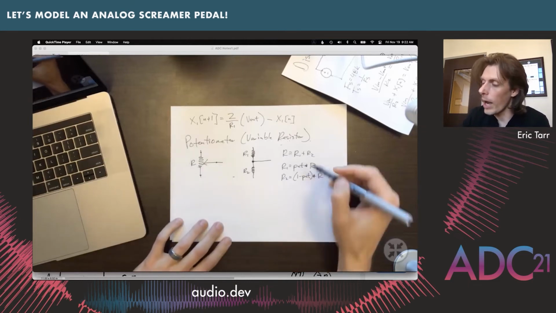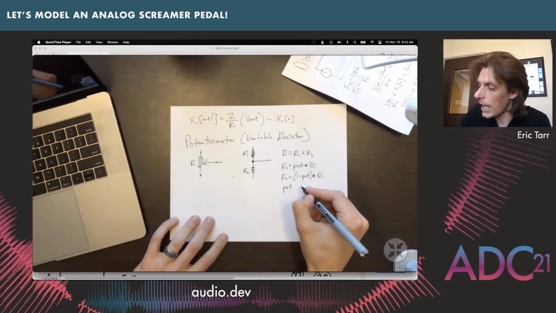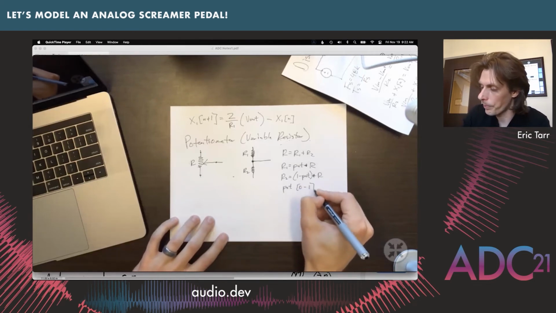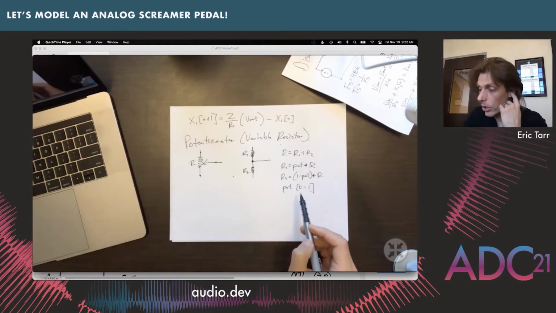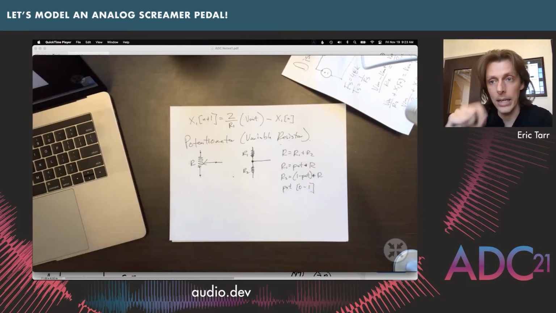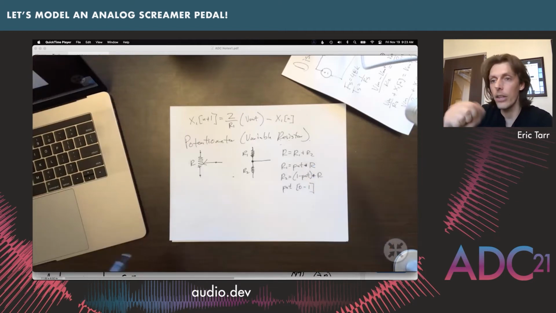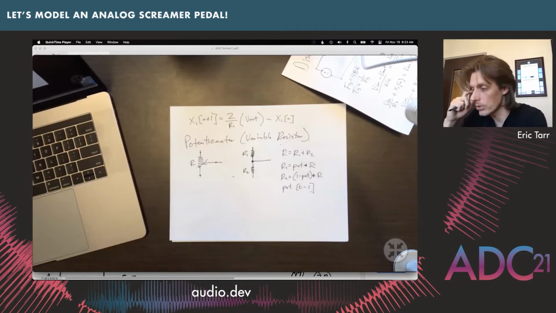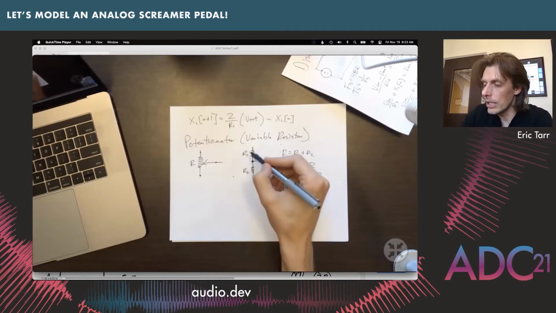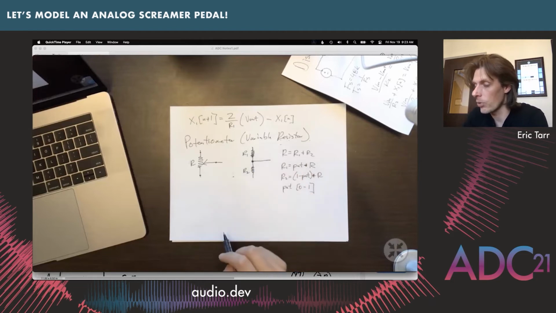And we'll say that our wiper can only take on values that go from 0 to 1. So this is how, if we have a variable knob in our plugin, we can change the value of that knob on a normalized scale from 0 to 1 and include it into a schematic by splitting up the resistors in these different ways.